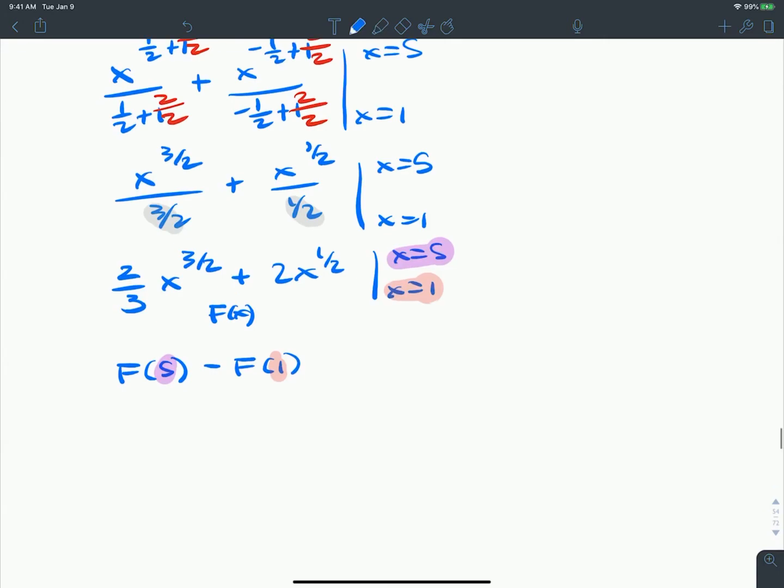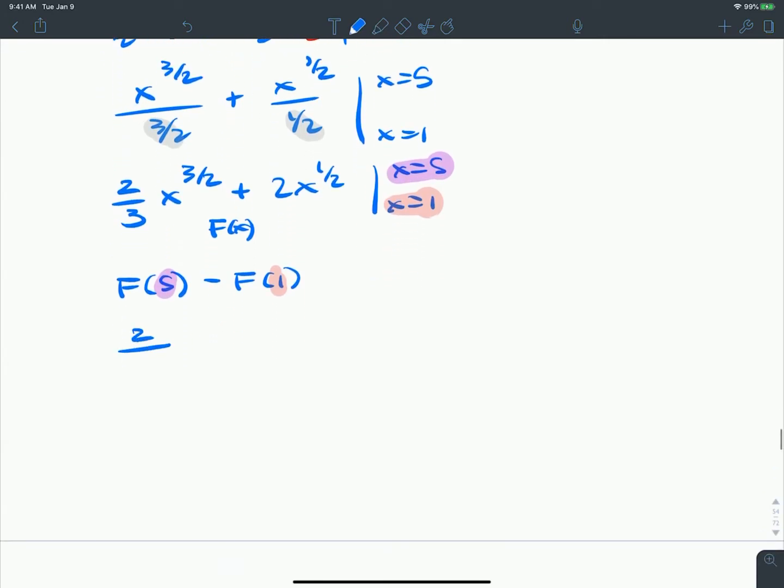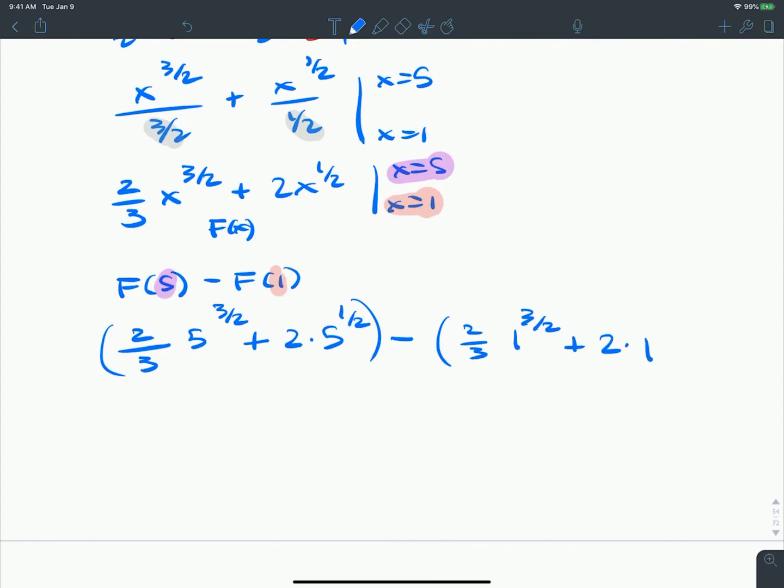So here's what we get. 2/3, 5 to the 3/2 plus 2, 5 to the 1/2, minus 2/3, 1 to the 3/2 plus 2, 1 to the 1/2.